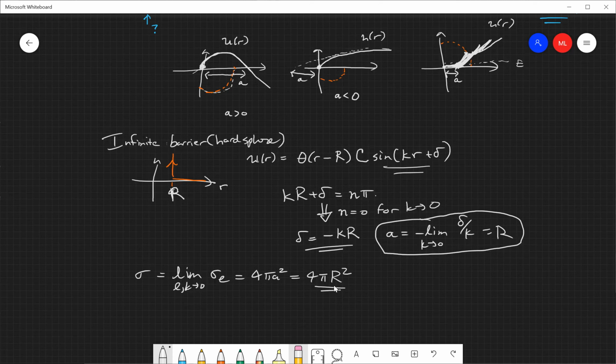It should eventually get back to classical hard sphere scattering, which should give you a pi R squared instead. Okay, any questions about that? I'm going slowly this class because it's more conceptual. Hopefully it's absorbing somewhat.